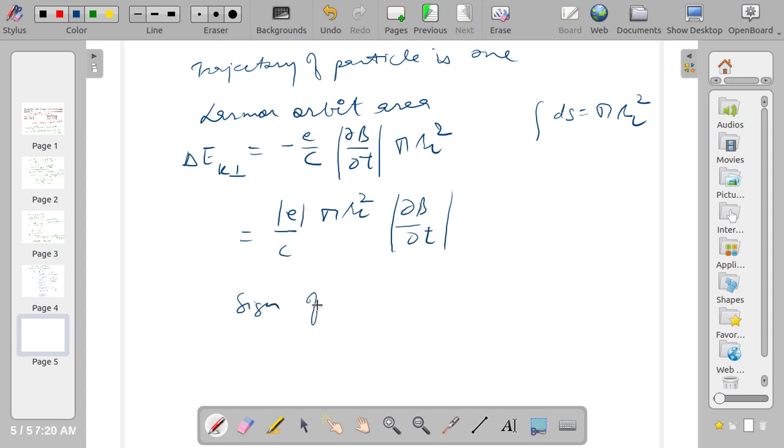Sign of the particle charge, the sign represents the direction of motion.